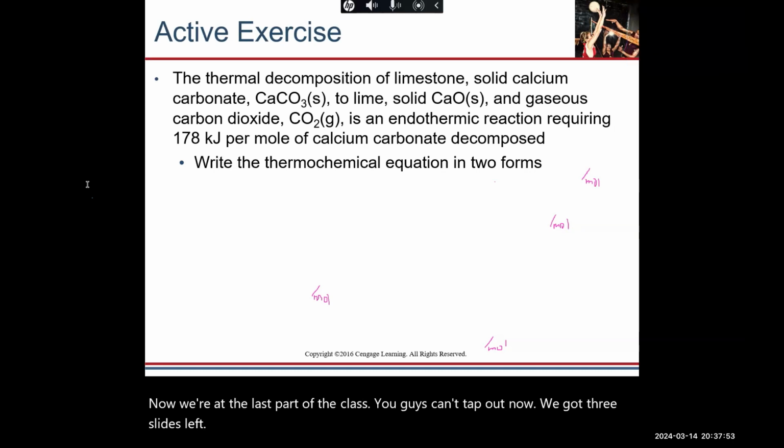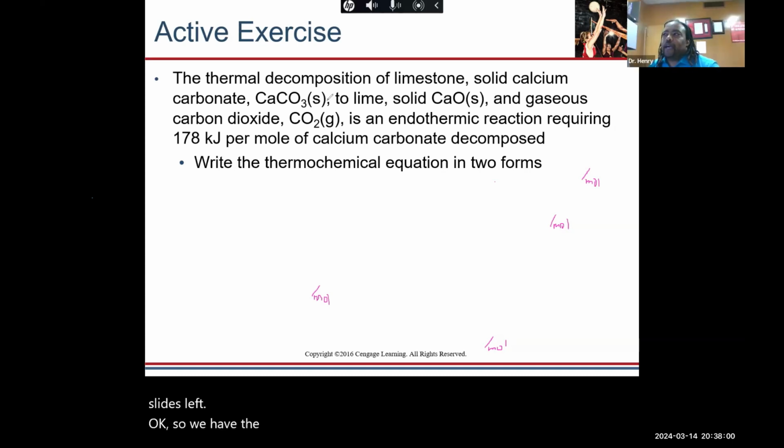Would one of them be the solid calcium carbonate? Okay, so we have the solid calcium carbonate. Would that be a reactant or a product?